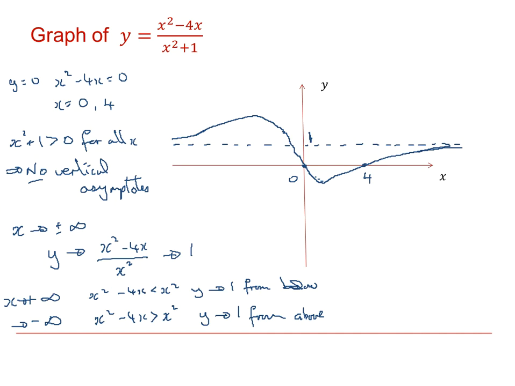If we wanted to calculate the maximum point there and the minimum point, we could solve the equation x squared minus 4x over x squared plus 1 equal to k. And of course that will have one solution. And that idea we covered in a previous video, so I won't go through it now.